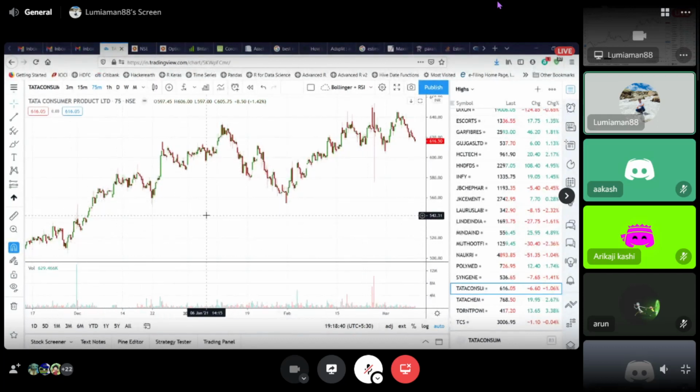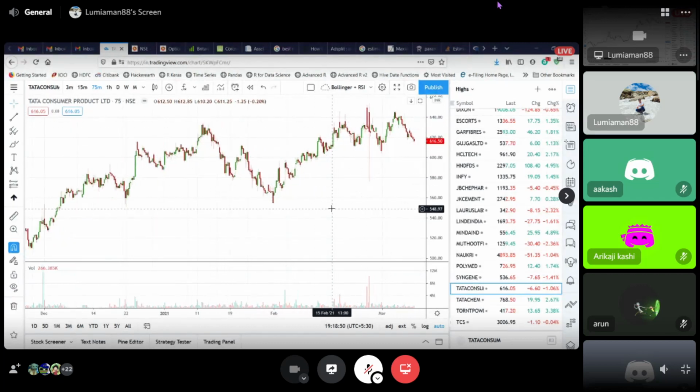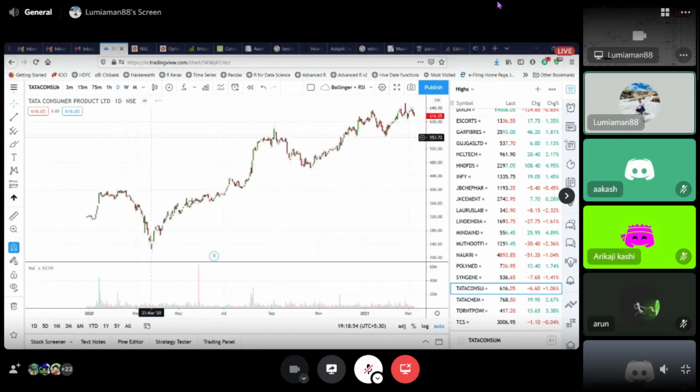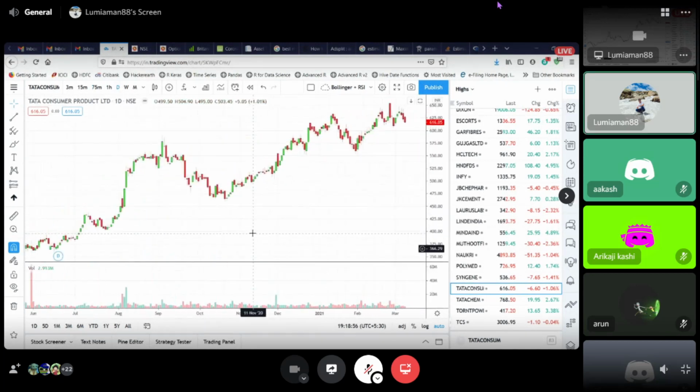So max, I would say 3 months of data for a 75-minute time frame, because if I zoom out beyond this, then the candles won't be very clearly visible. On a daily time frame, I can say almost 9 to 10 months of data.